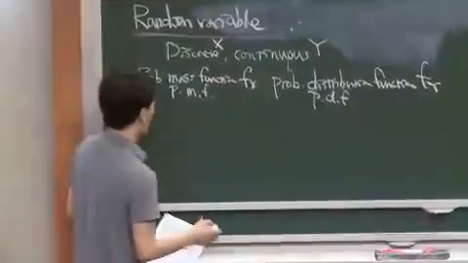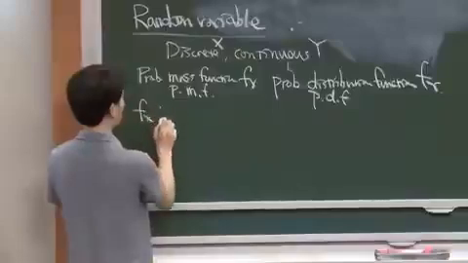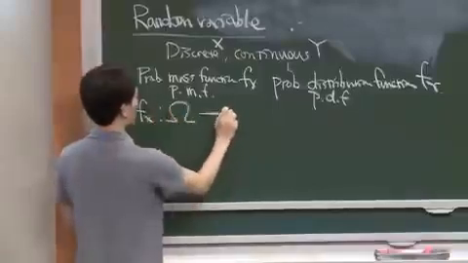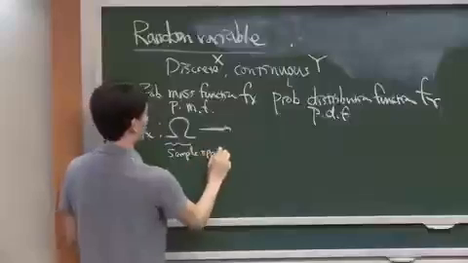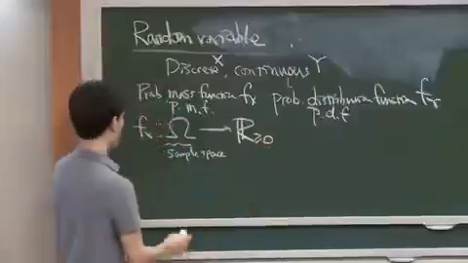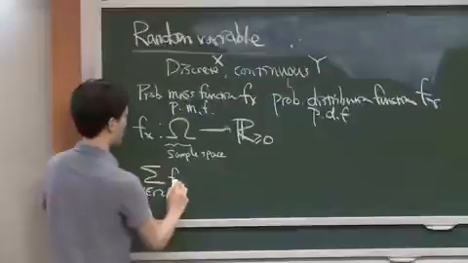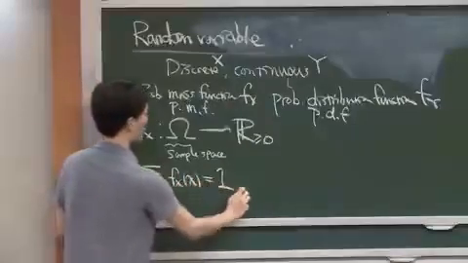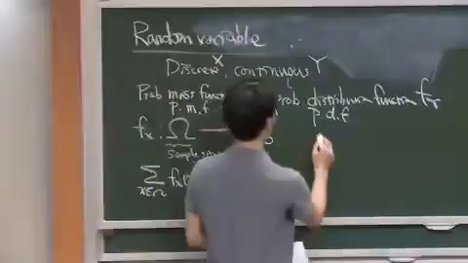Okay. So what is this? A probability mass function is a function from the sample space to non-negative reals, such that the sum over all points in the domain equals 1. The probability distribution is very similar.